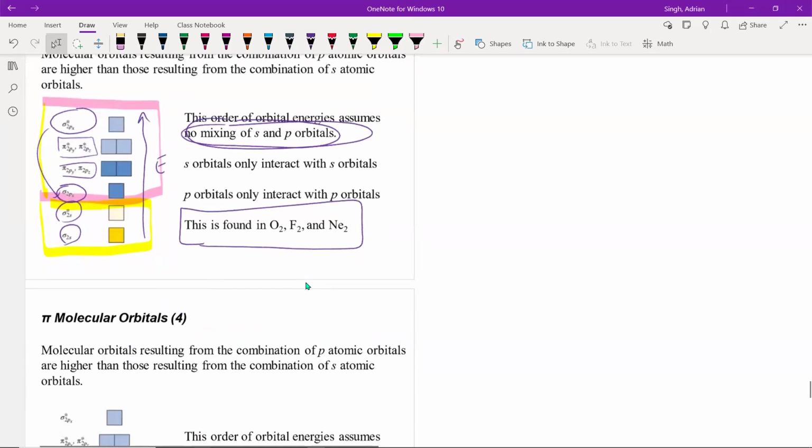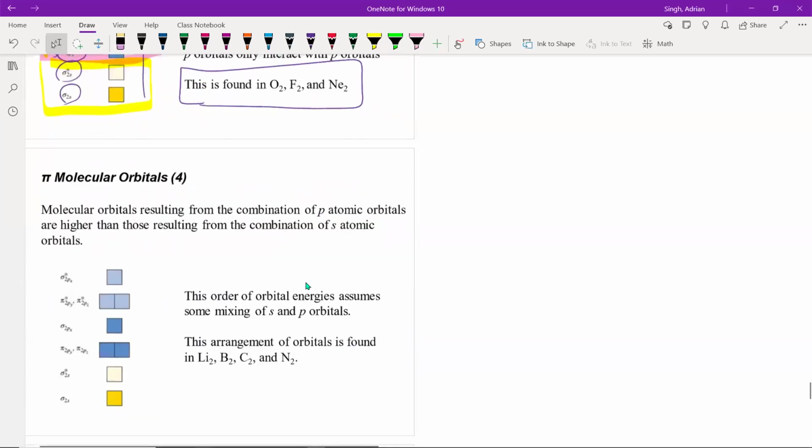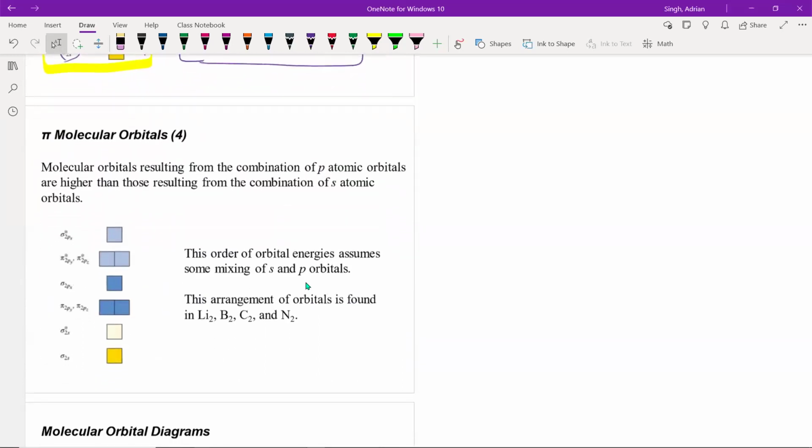In some cases, the s and p orbitals do mix together, and what we're going to see is that the order of the orbital energies changes somewhat, and this occurs in instances of lithium, boron, carbon, nitrogen.